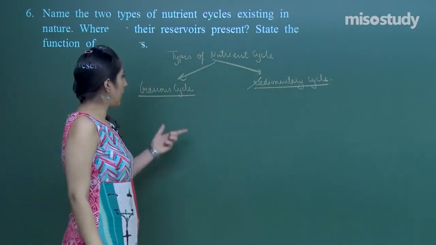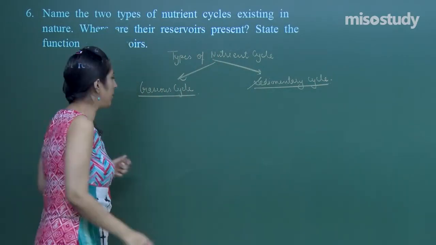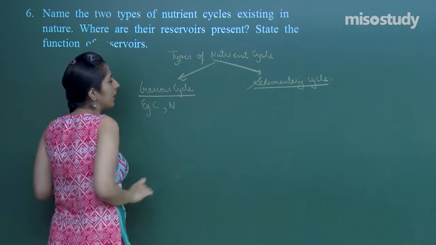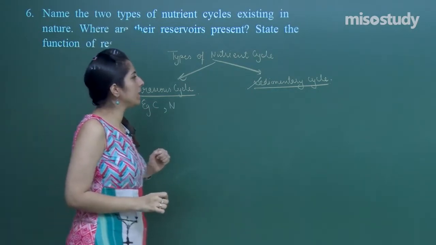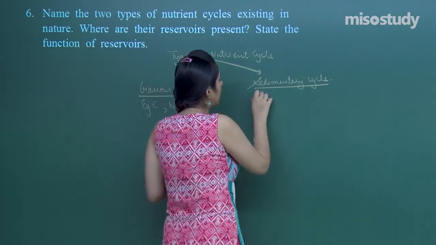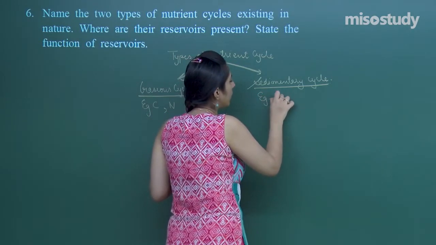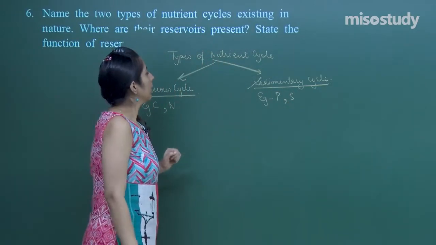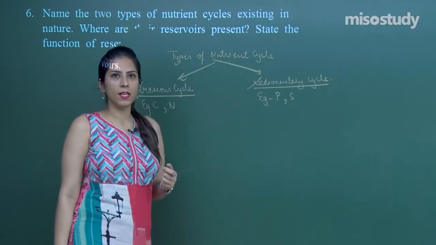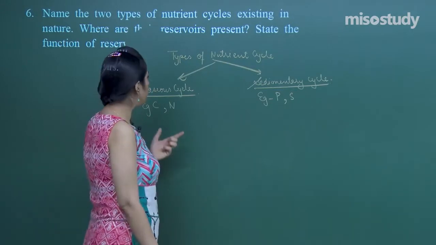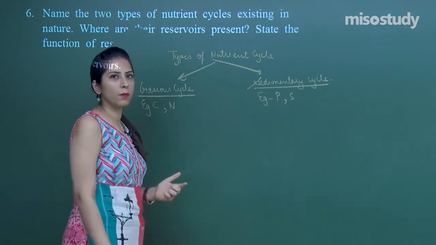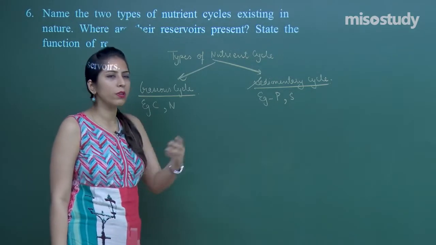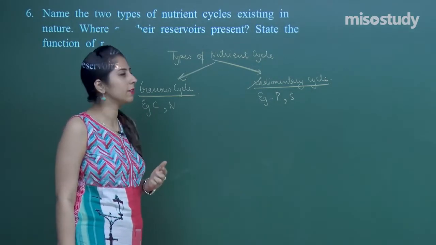In the gaseous cycle we have examples like the carbon cycle, nitrogen cycle, etc. Whereas in the sedimentary cycle, we have examples of the phosphorus cycle and the sulfur cycle. We have discussed these two types of cycle in detail in the sessions. So, you have to write about these two types of cycles in a bit of detail, but because it is just 2 marks, do not write any stories.